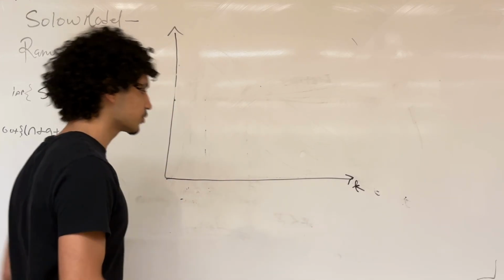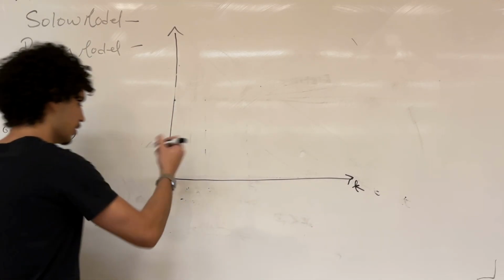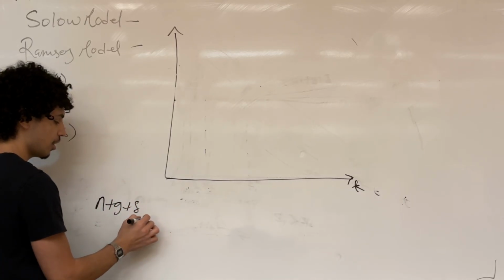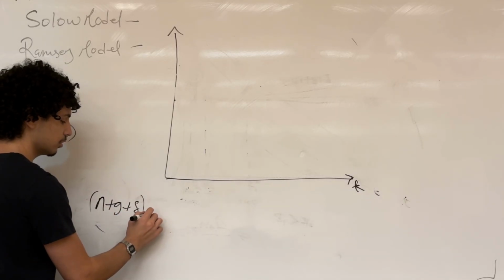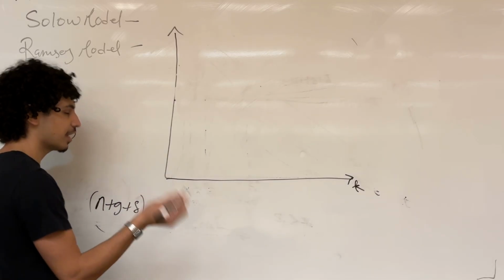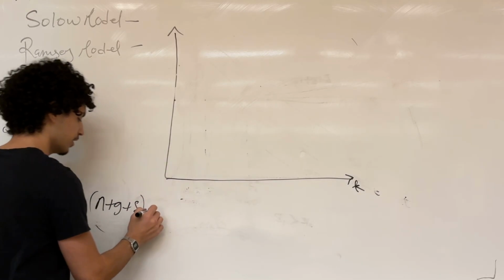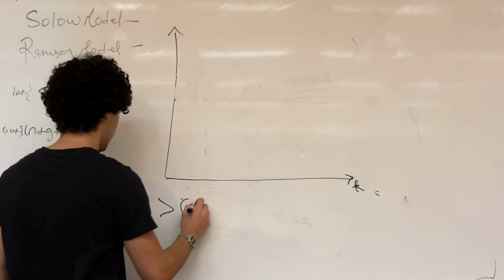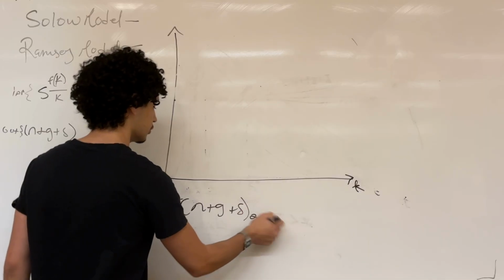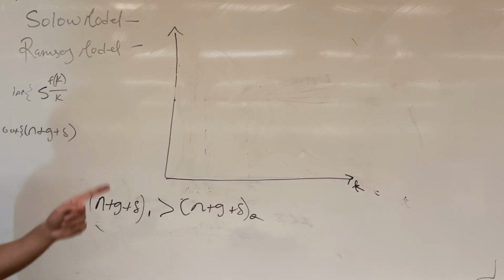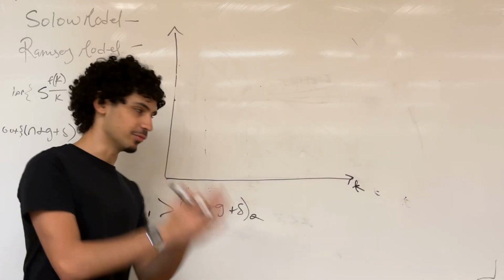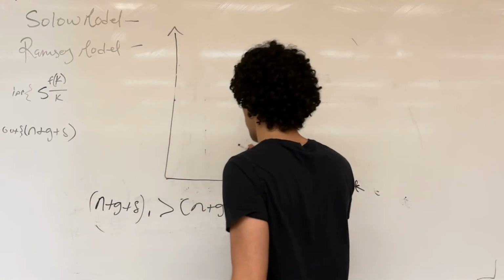We find in poorer countries, there's more population growth. So that means n plus g plus delta of country 1, we're assuming country 1 has the higher growth, is greater than n plus g plus delta of country 2. But they have the same savings rate. They're saving the same exact amount of money. So what's this going to look like?